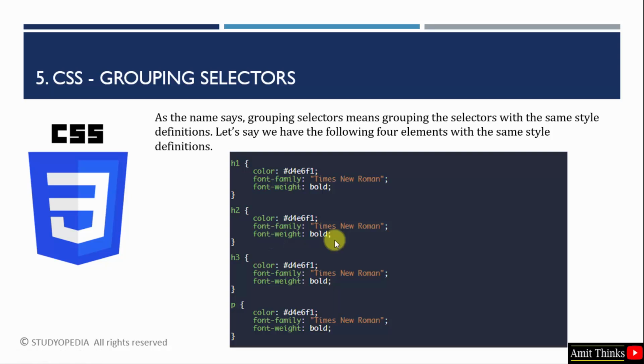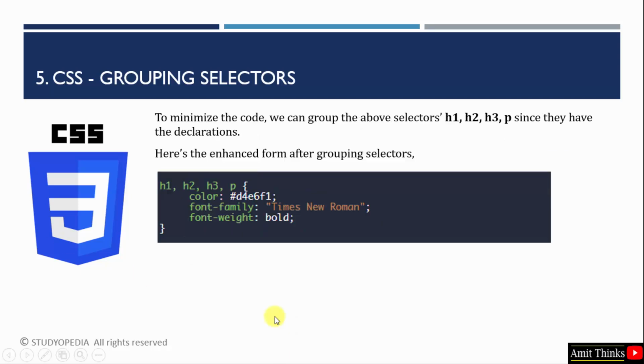This is not a good approach to mention the same styles and values again and again. So for code reuse, we have the concept of grouping selectors. For all these 4 elements, I'll just mention them using the comma: h1, h2, h3, p, and I'll set the styles for them here like this.